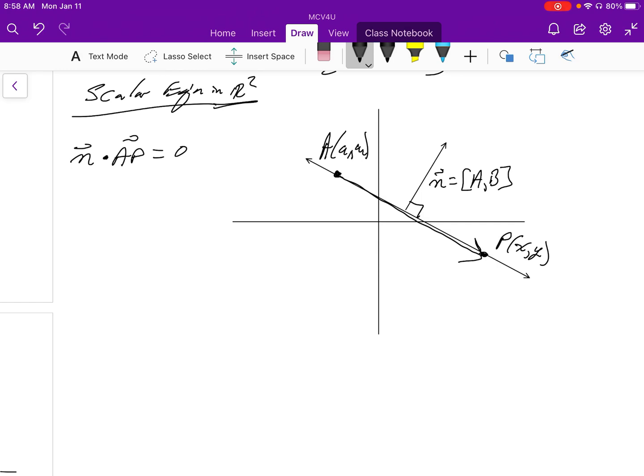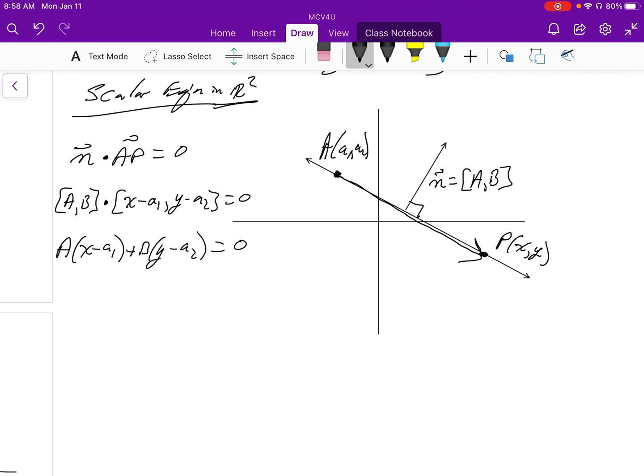We're just going to substitute some values in. The vector n is AB. The vector AP is x minus A1 and y minus A2, and we know that equals 0. So we perform the dot product: A times x minus A1 plus B times y minus A2 equals 0.